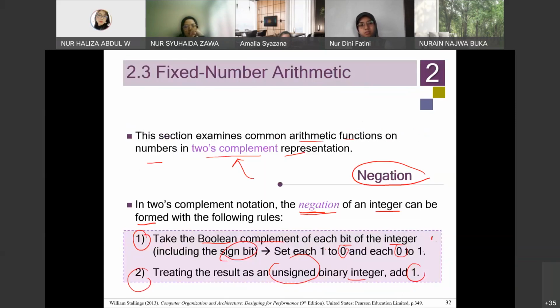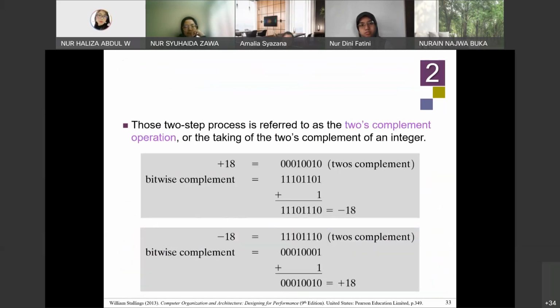This is the first complement step, and this is the second complement step. Both steps you learned in the digital logic subject. Okay, the example: when you have 16, you change it from decimal to binary.